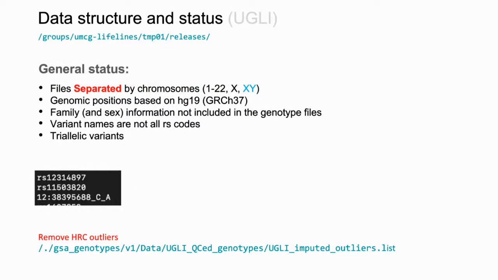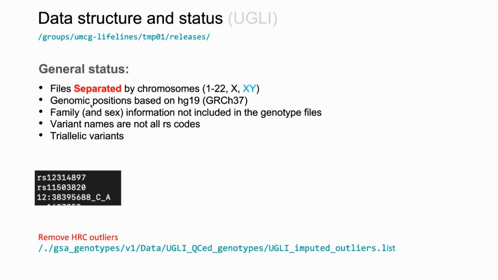So as for the data itself, before you work on it, you need to know a little more about it. First, you find it in this location. All the files are separated by chromosomes, so you have the autosomes and the X chromosome, and this is the pseudo-autosomal chromosome, which is only available for the genotype data, but not for the imputed data.